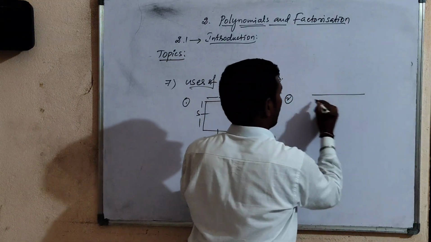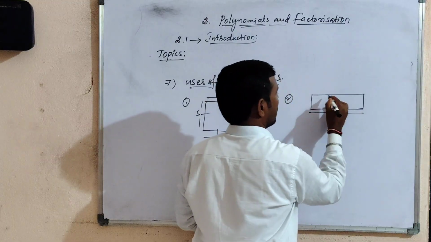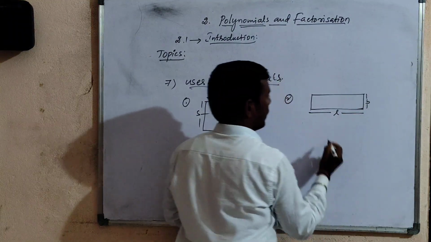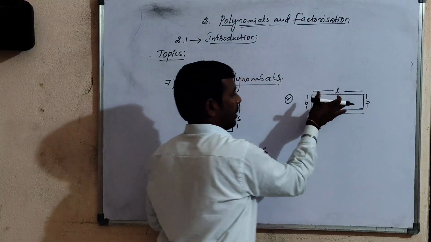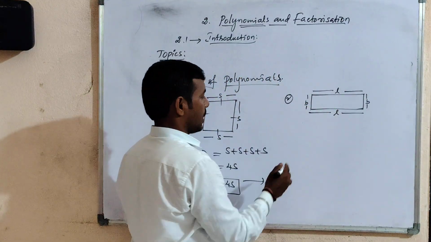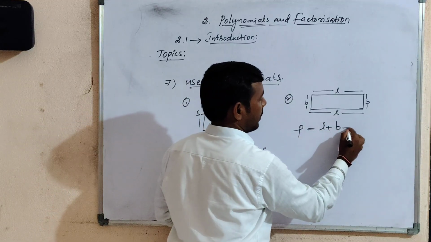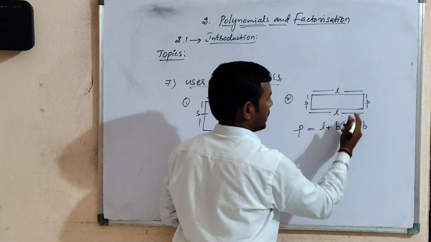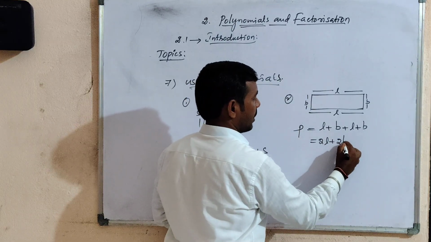This is the first, and this is the second. Let us think about this rectangle. This is the length, this is the breadth. This is the length, this is the breadth. Opposite sides are equal. So to find its perimeter, L plus B plus L plus B, the sum of all sides. 2L plus 2B.